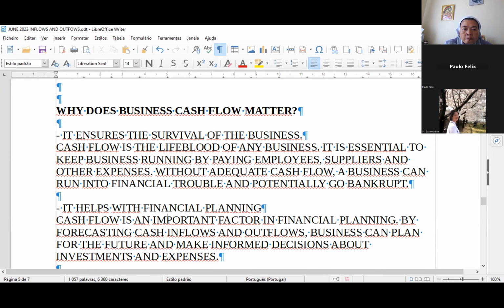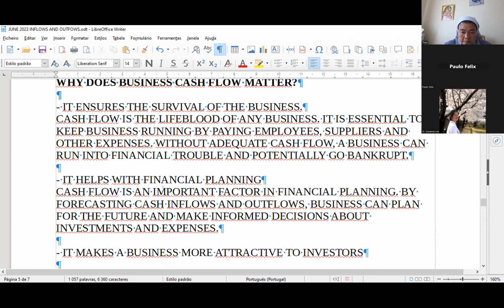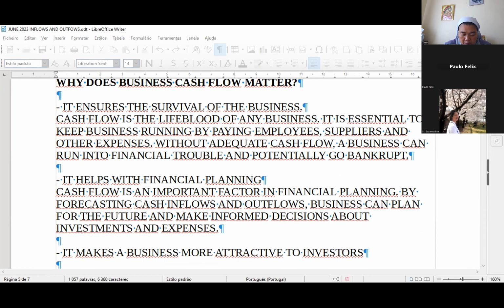So you make a budget for a month, and by comparing the cash inflows and outflows, you can see where you are. Maybe this month we had less income but more expenses, so we are going to see if the money that came from last month is enough to cover your expenses, or if you have to borrow money from somewhere else.